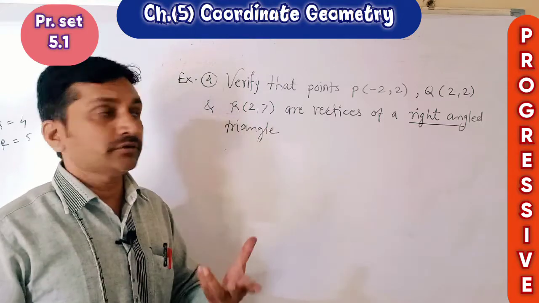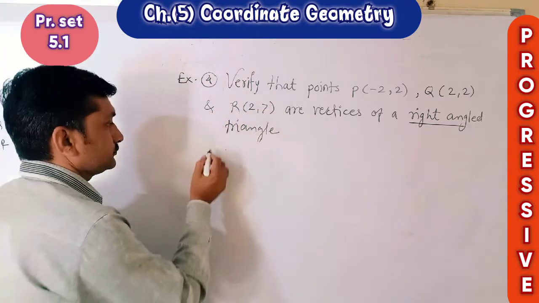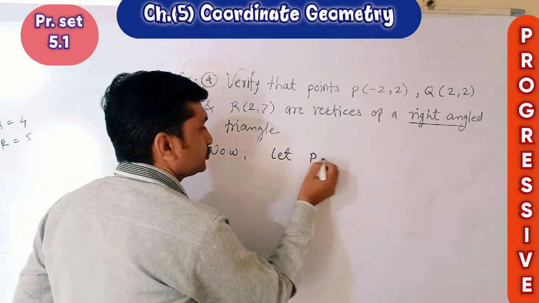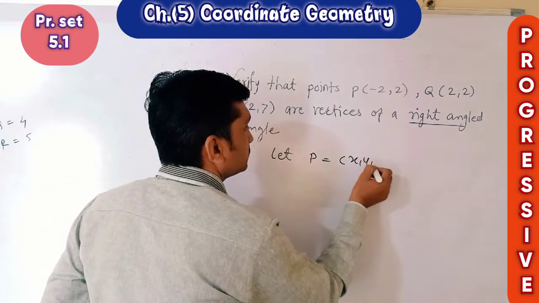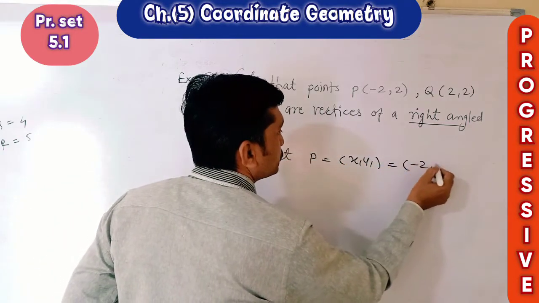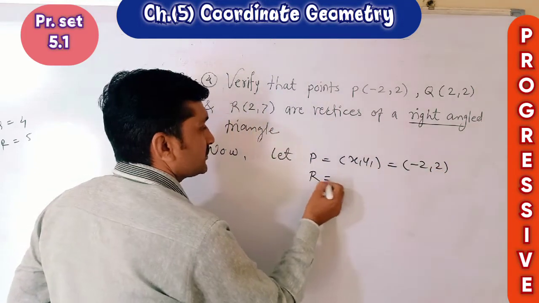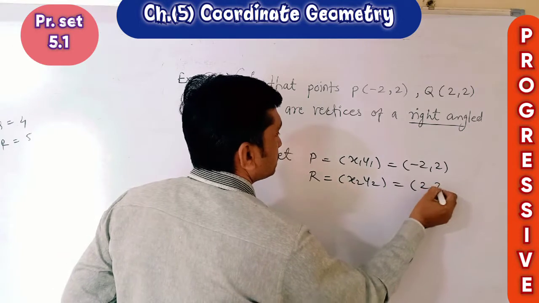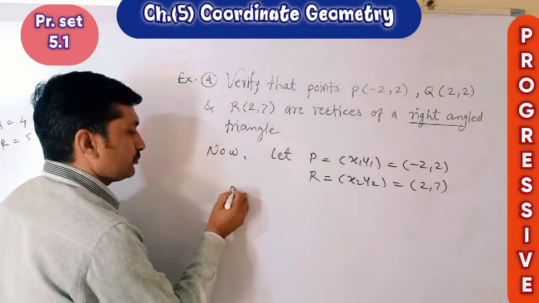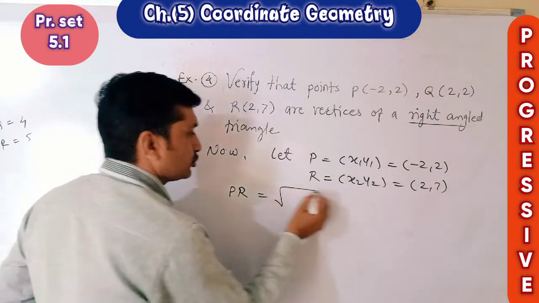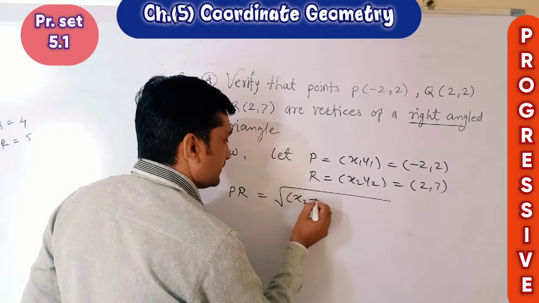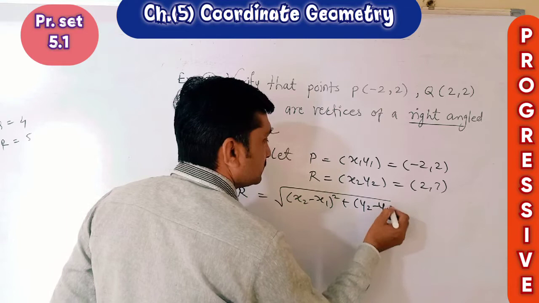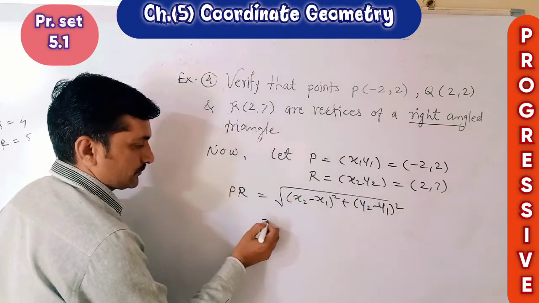Let's find the third distance PR. Now let P is equal to (x1, y1) is (minus 2, 2), R is equal to (x2, y2) is (2, 7). Therefore PR is equal to square root of (x2 minus x1) bracket square plus (y2 minus y1) bracket square, distance formula.